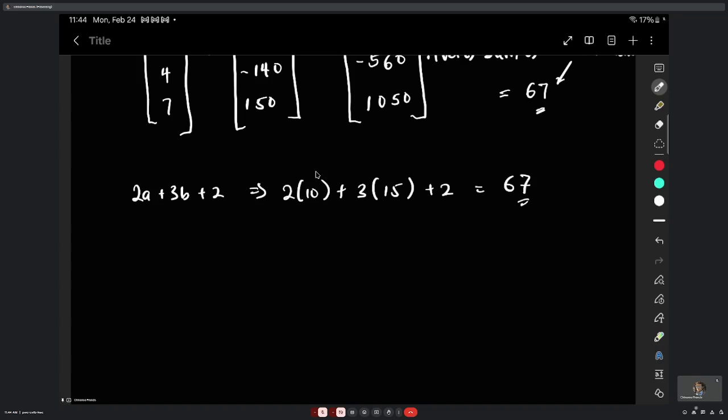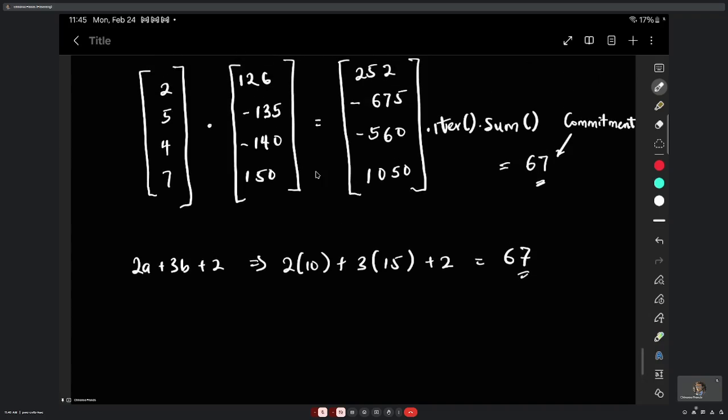So this is the process in order to commit to the polynomial, right? This is how we commit to the polynomial.